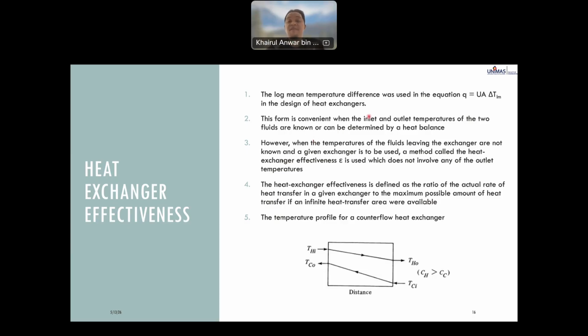The log mean temperature difference was used in the equation Q equal to UA delta TLM in the design of heat exchangers. This form is convenient when the outlet temperatures of the two fluids are known or can be determined by a heat balance.